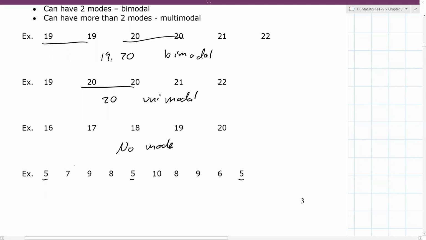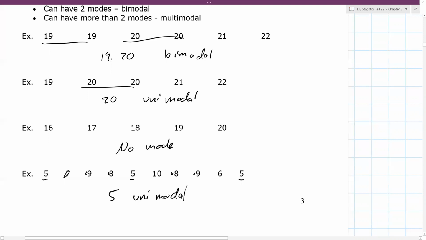I only see 1 7. I see an 8. So there's 2 8s. There's a 9. 2 9s. So it looks like there's 3 5s, a couple 8s, a couple 9s, and then everything else is just 1. So 3 is the most common occurrence. So 5 is our mode. And again, this would be unimodal.